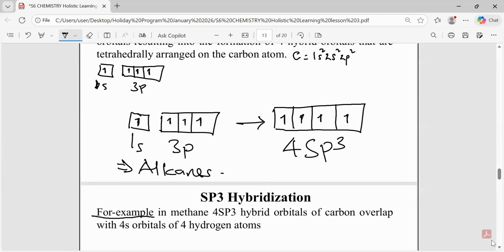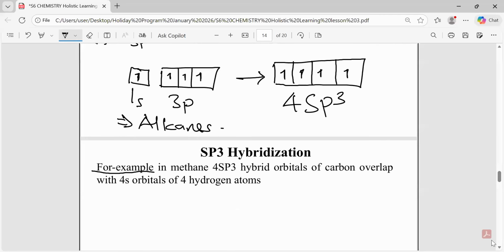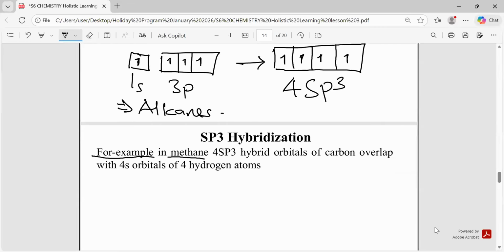If you have a question, please raise your hand as he's taking us through the sp3 hybridization of methane. So under sp3 hybridization, we are seeing an example of methane and hydrogen.